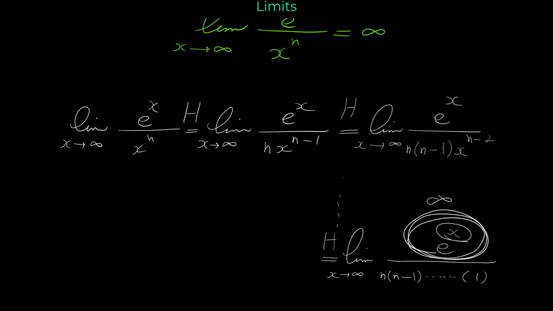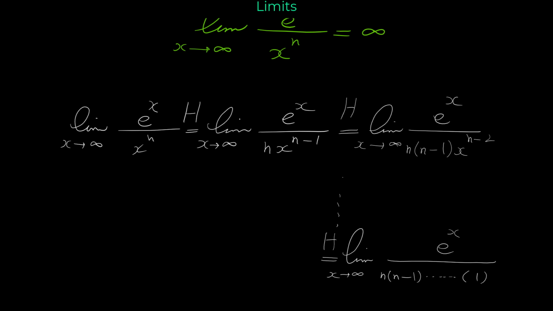If n is 5, in the denominator we have 5 times 4 times 3 times 2 times 1. It's just numbers. And if you multiply 5 by 4 by 3 by 2 by 1, it would be 120. It's not infinity. So this limit is no longer infinity over infinity, and we are not allowed to use L'Hopital's rule anymore.